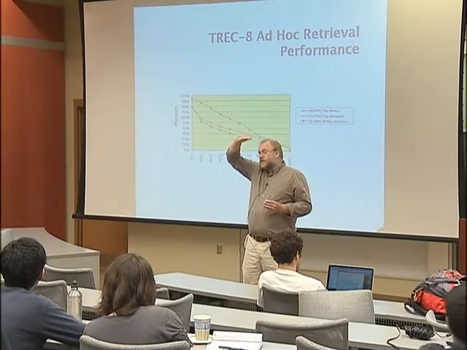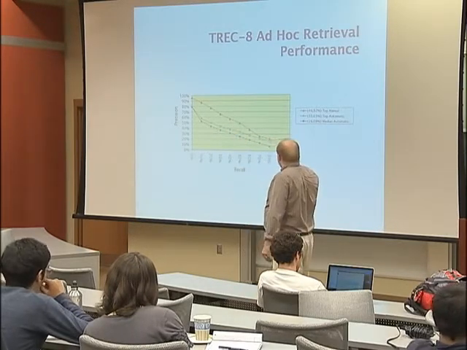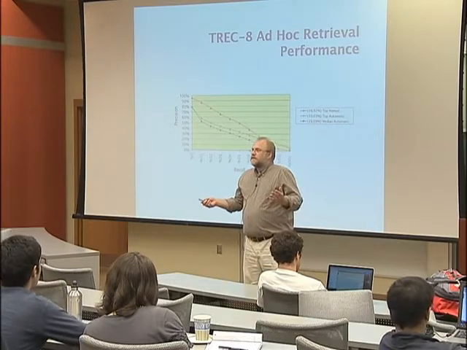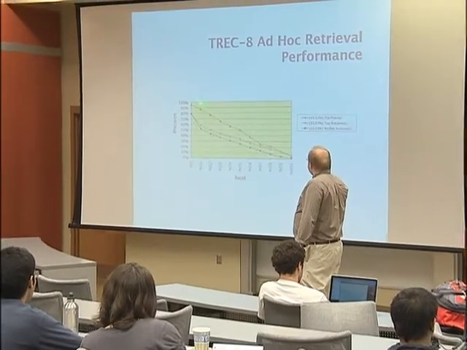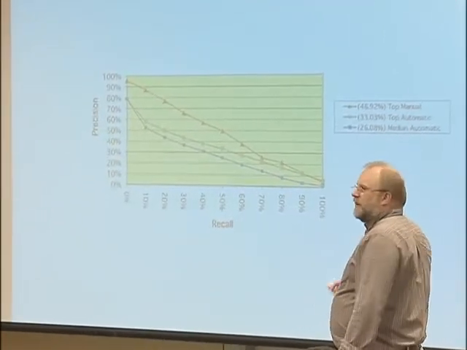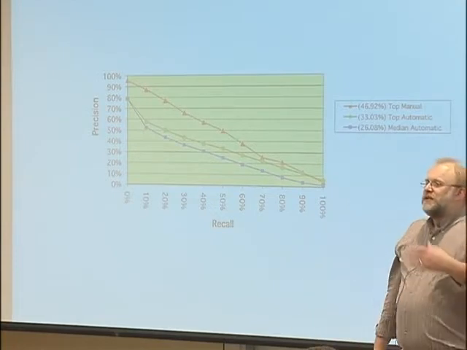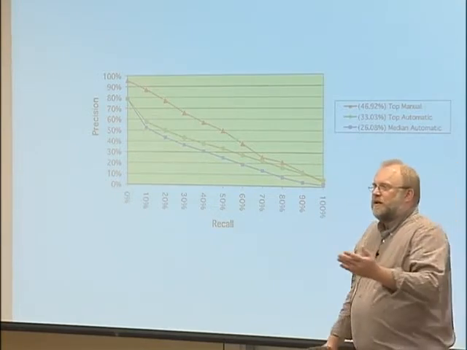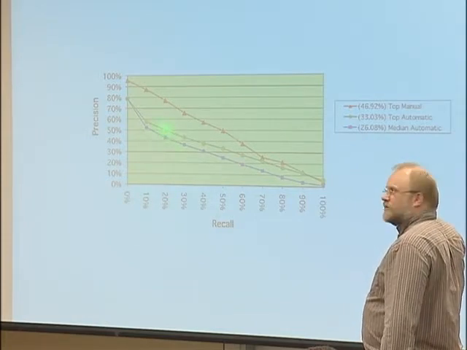Okay? So say there are 10 relevant documents. If the first one is relevant, then you're going to be at this point in the curve, right? You've got 10% of the relevant documents, and your precision is 100%. You go down, you don't find the next one until the fourth position. Okay? So now you're at 20% recall. Half of them were good, half of them weren't, so you're at that point.